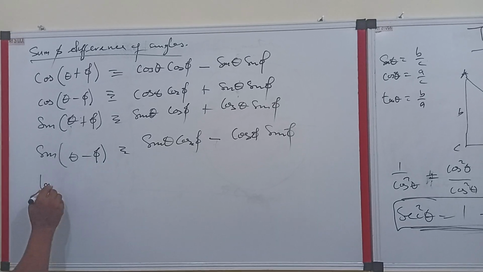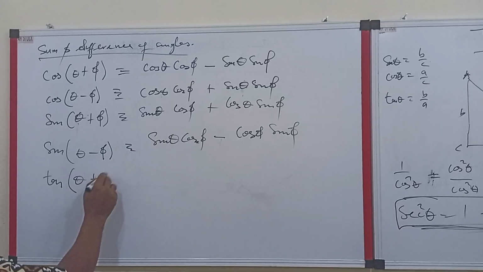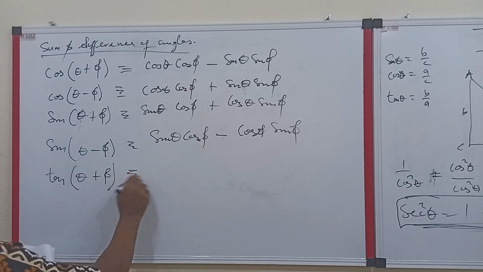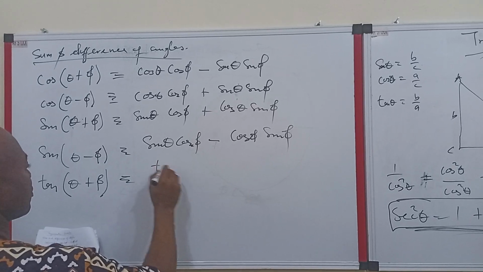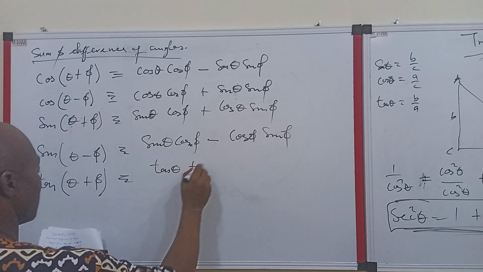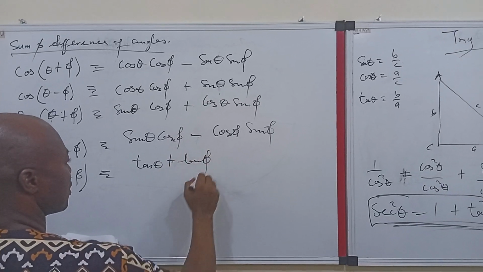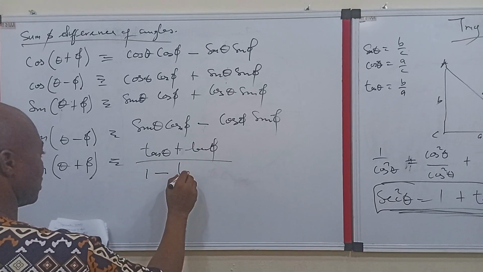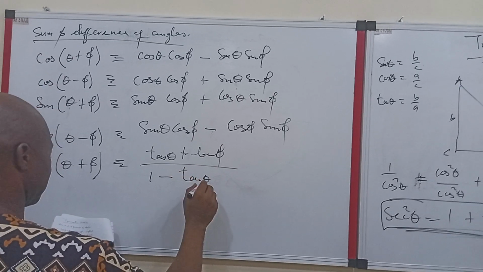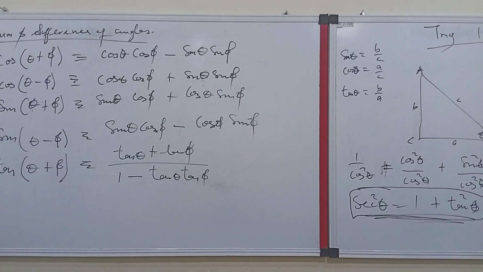Then if we say tan theta plus phi, this we can write as tan theta plus tan phi, everything over 1 minus tan theta tan phi.